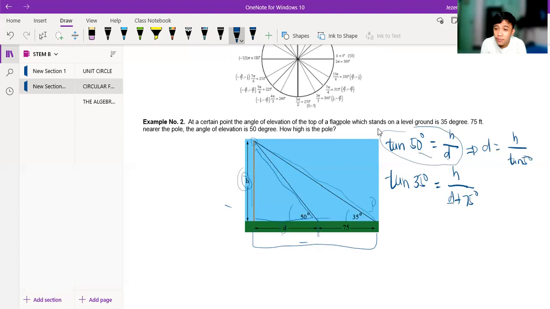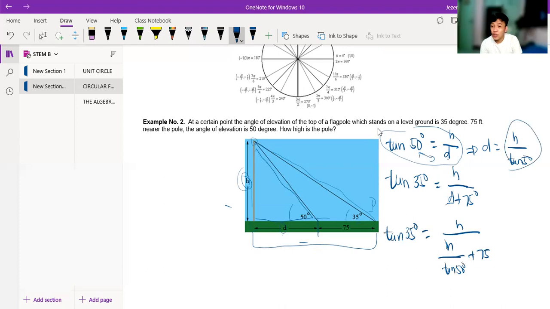Tama? So, pagpalitin lang natin position. And yung D na ito, papalitan natin ito. Okay? So, we have tangent 35 degrees is equal to H over tangent 50 degrees plus 75. Resolve natin kay H. Okay?